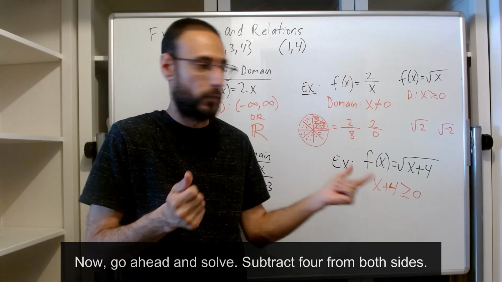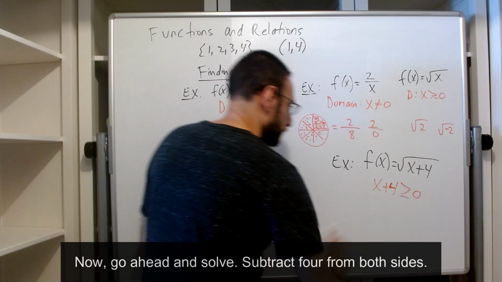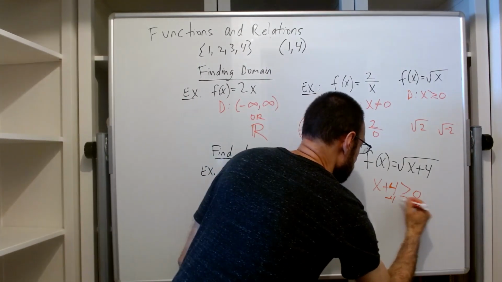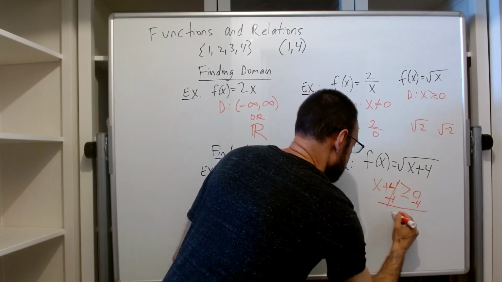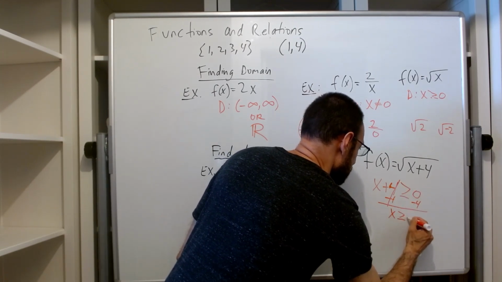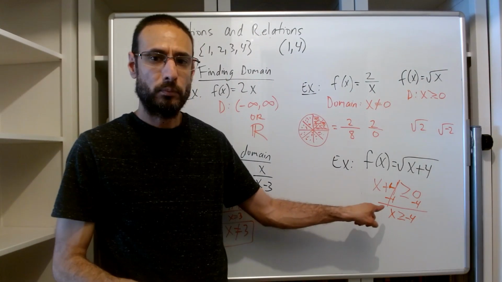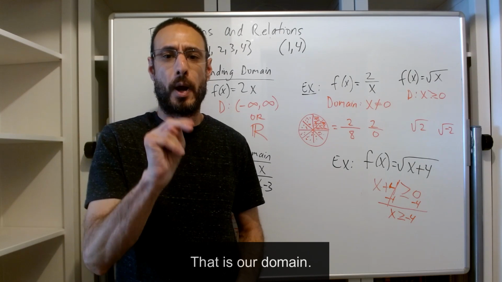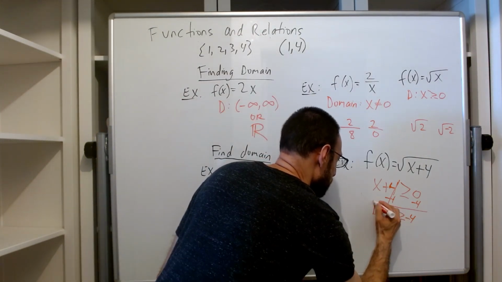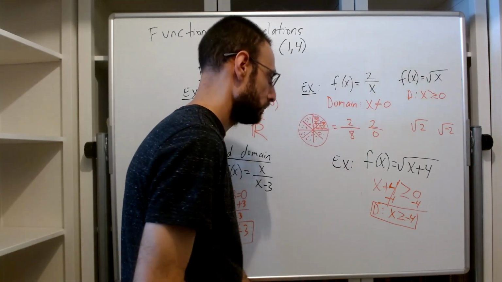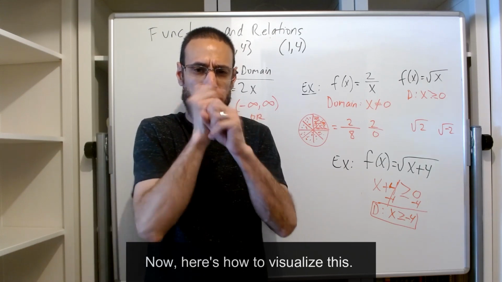Now, go ahead and solve. Subtract 4 from both sides. That is our domain. Now, here's how to visualize this.